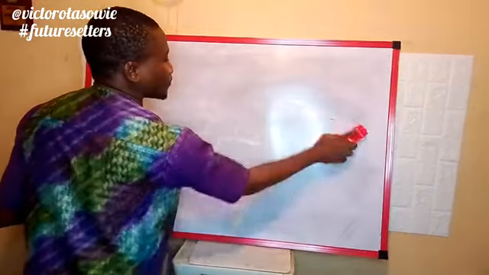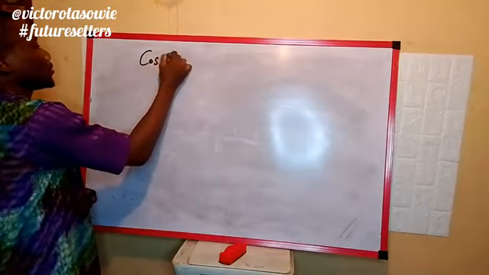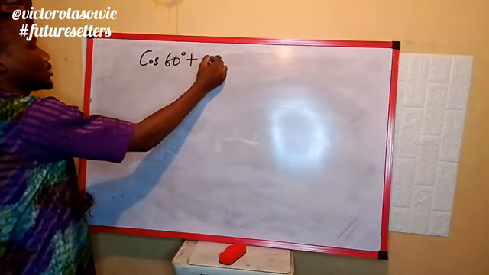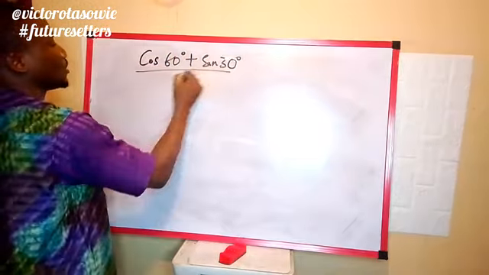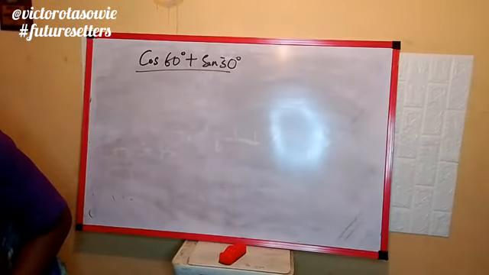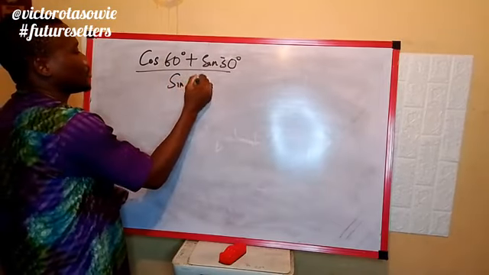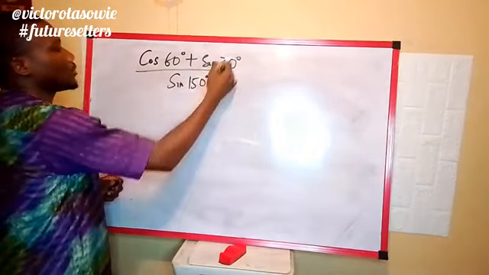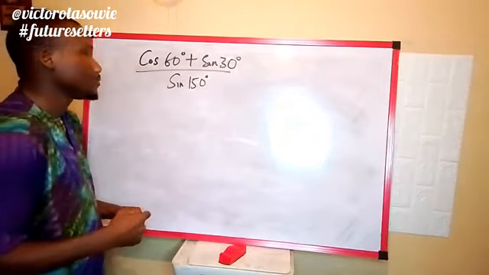I have cos 60 plus sin 30 over sin 150. In this particular question, the most important thing you need to do is break down this sin 150.